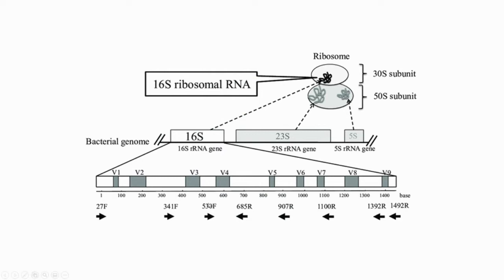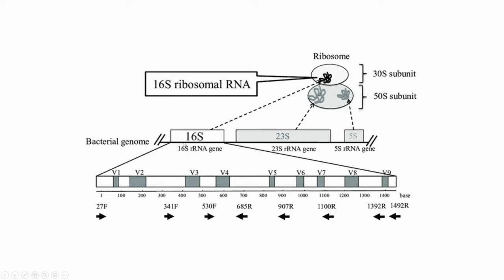And in our example here, we amplify the V4 region here, all right, so that we can perform the taxonomy classification to determine their classification, the phylogeny, all right, based on the sequence here.